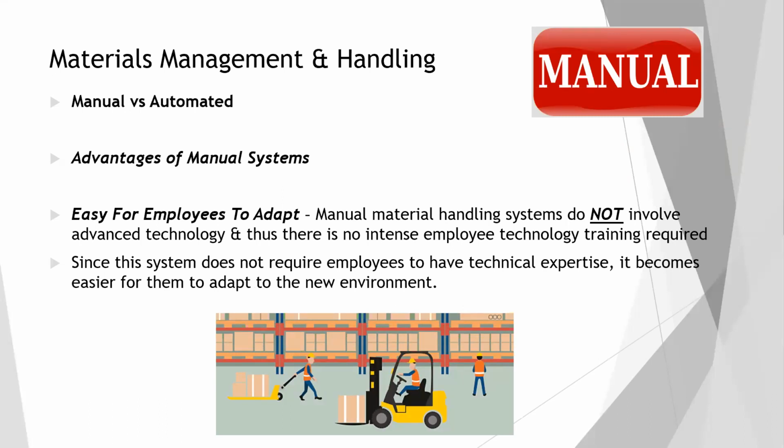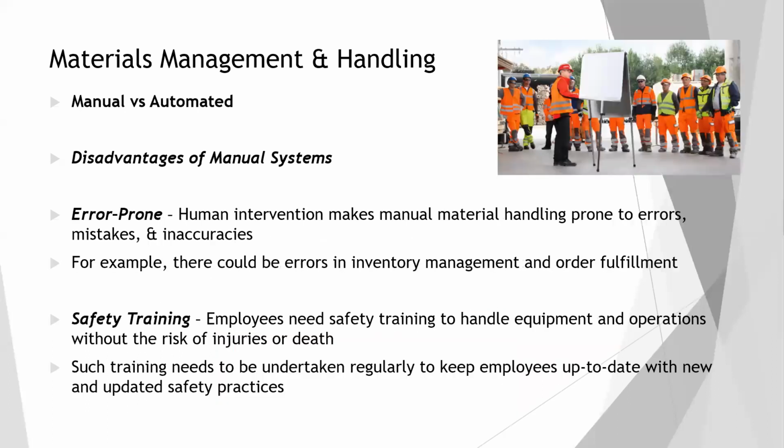Manual materials handling systems do not involve advanced technology, and thus there's no really intense technology training required for the employees. Because the system does not require employees to have any sort of technical expertise, it's easier for them to adapt to the new environment, and probably easier for us to hire as well, and hire at a lower rate within our facilities.